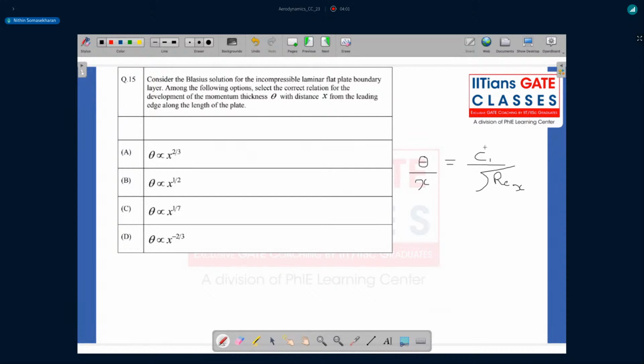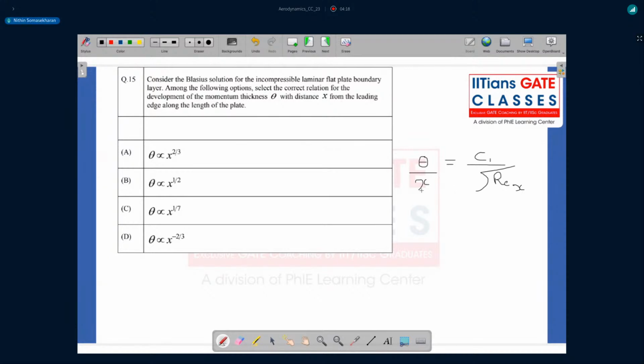And this constant is different: for displacement thickness it has a value of 5 point something, and for momentum thickness the constant is around 0.3 or something like that. So it's some constant, but the relationship looks something like this.